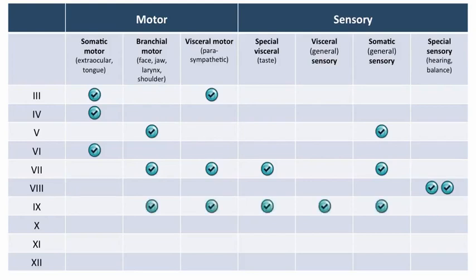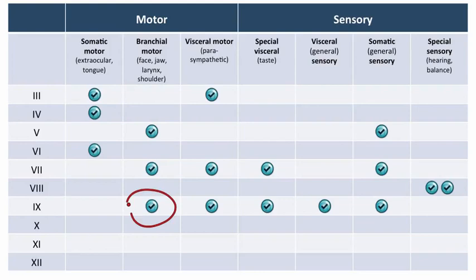Okay, nerve 9, the glossopharyngeal, is one of the most complicated nerves that we have. Even one more check than what we had for nerve 7. So again, let's walk through the glossopharyngeal systematically, beginning with the brachiomotor component. As the name implies, there's innervation of muscles around the pharynx out from nerve 9.